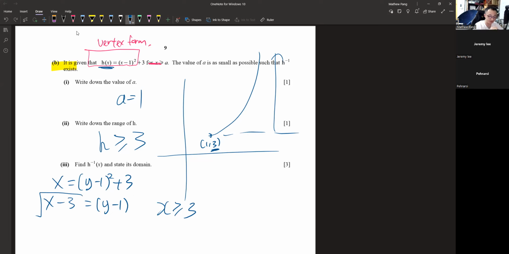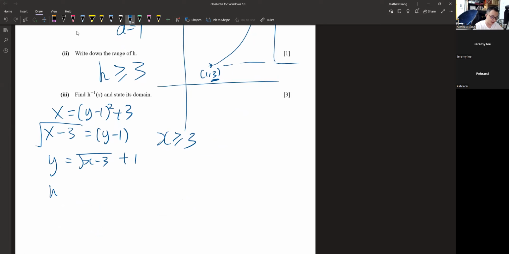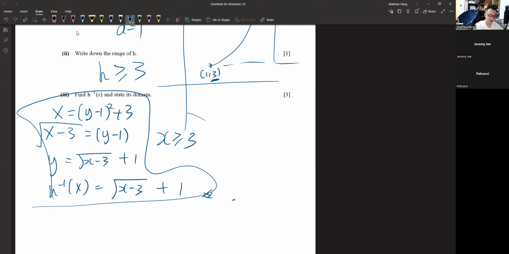I only take the positive version, because supposedly you would have another minus version with reflection, but over here we only take the positive version. So y equals the square root of x minus 3, plus 1. So my h inverse of x is the square root of x minus 3, plus 1. Done. Inverse function 2 marks, domain 1 mark, total is 3 marks.